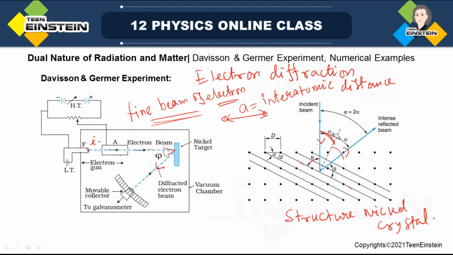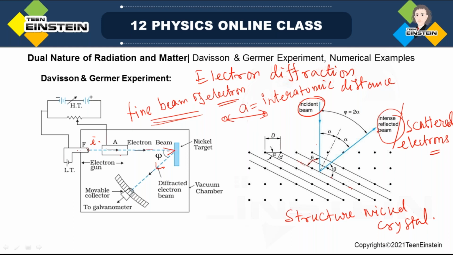In fact, there are two rays: one is called the incident beam of electrons, and this is scattered by atoms on the planes of the crystal. So these are scattered electrons.